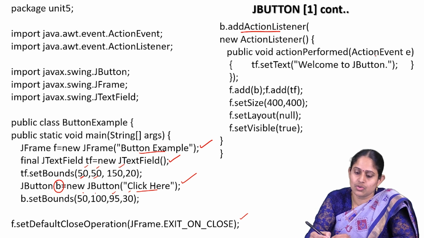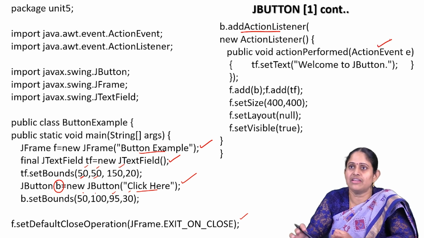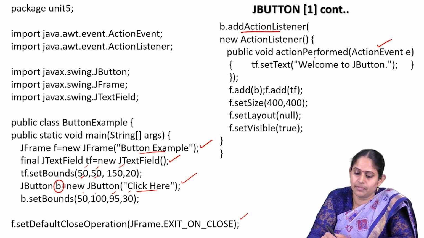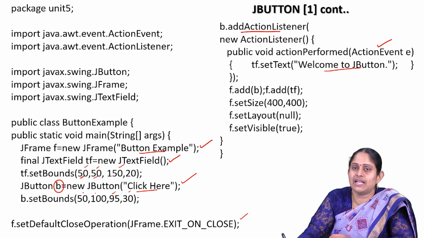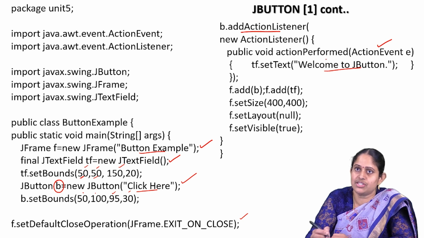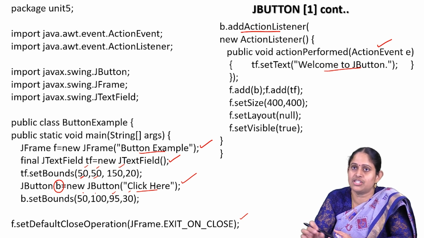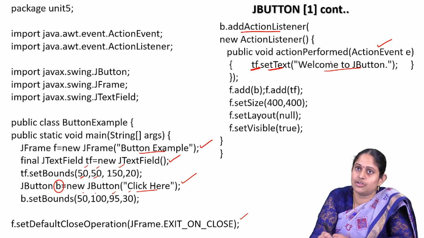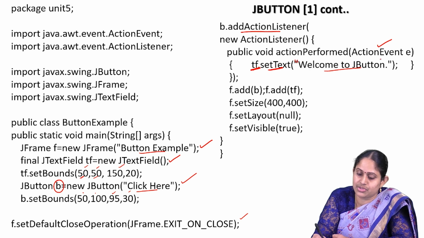the text field. So the action event that occurs there is the pressing of the button. When that button is pressed, it has to display the text message welcome to J button on the text field. To display that text message on the text field, we are setting the text field object's text part to this particular string.